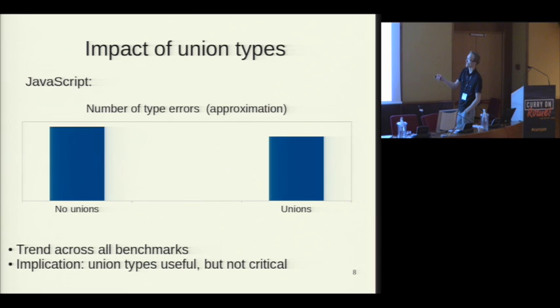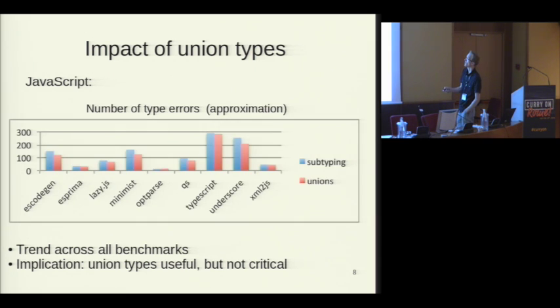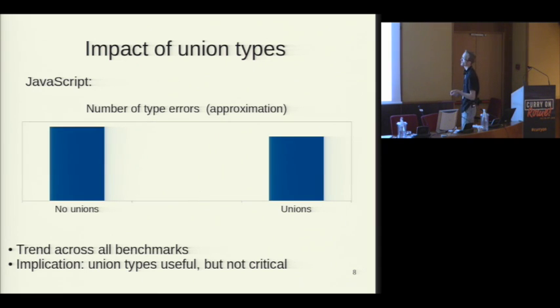And if we peek into more details of the experiments, we see that this reduction occurs for all of the benchmarks. So it's not just a single program that really benefits a lot from union types. So the implication here is that union types would help us, but they don't eliminate all the type errors.